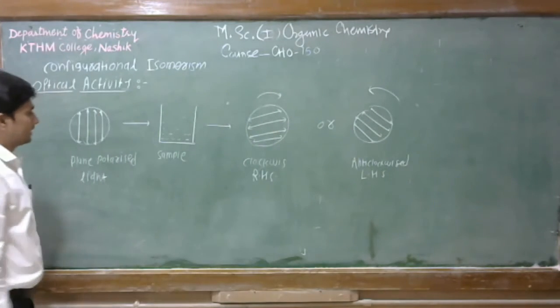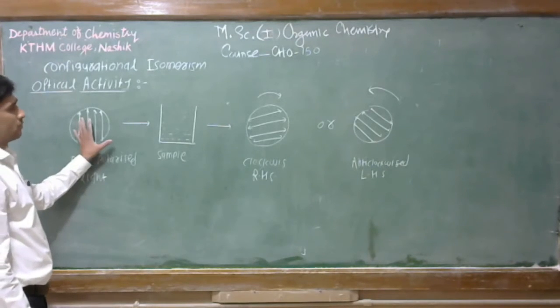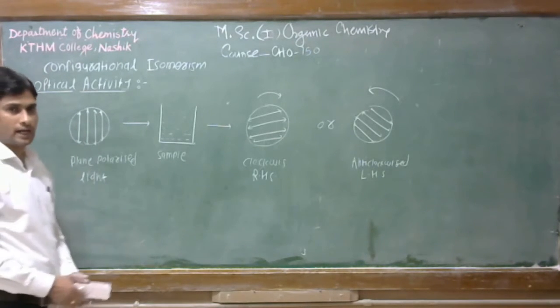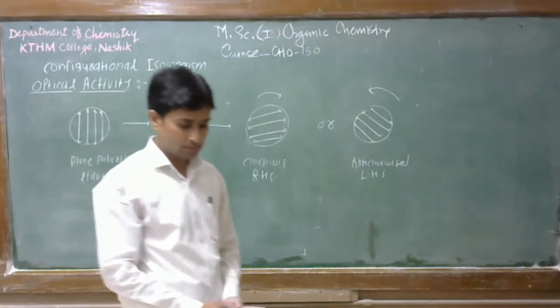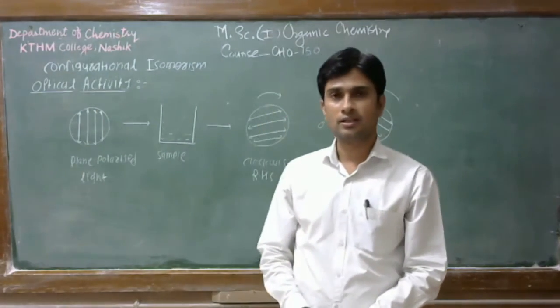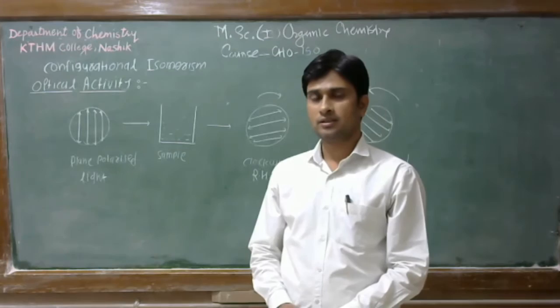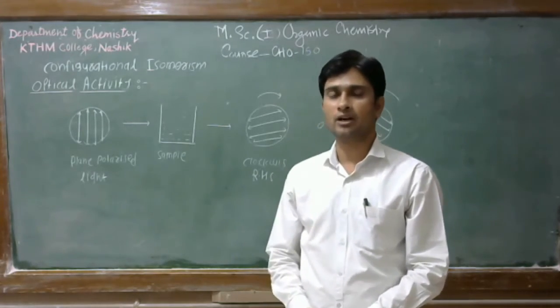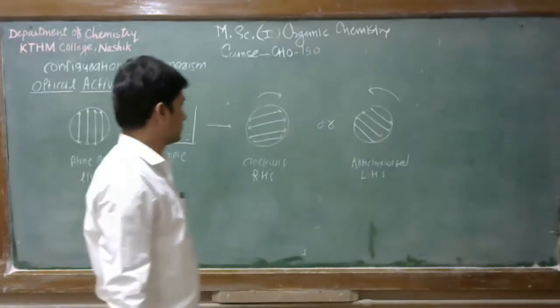If any compound shows this property, it is called an optically active compound. If any compound does not show this property, it is called an optically inactive compound.